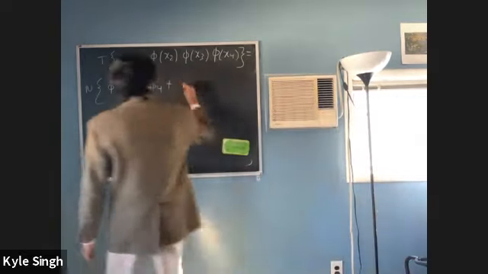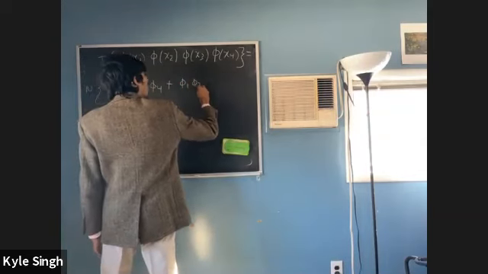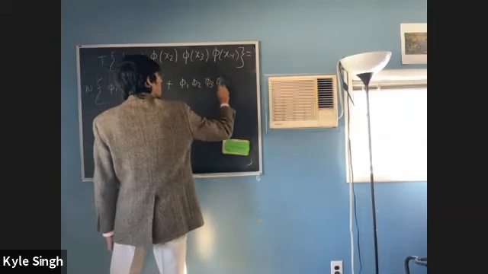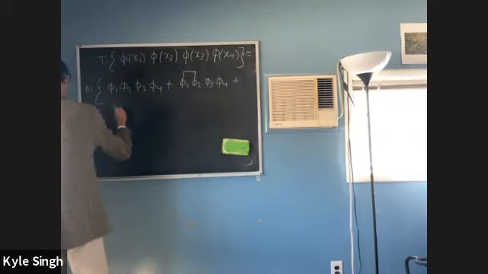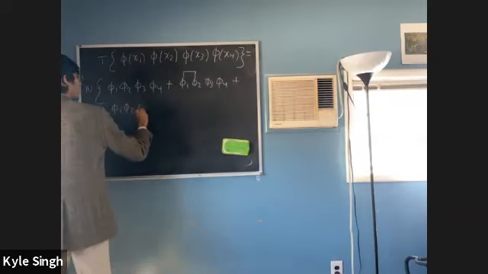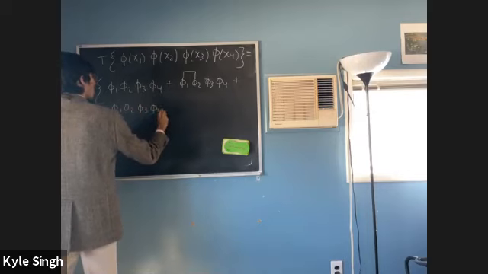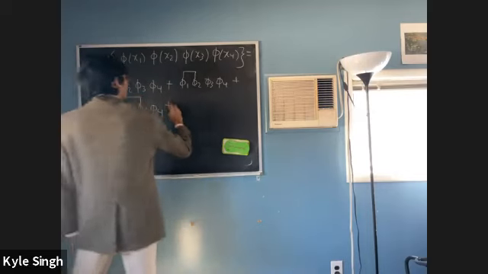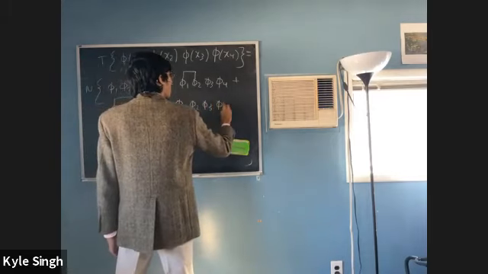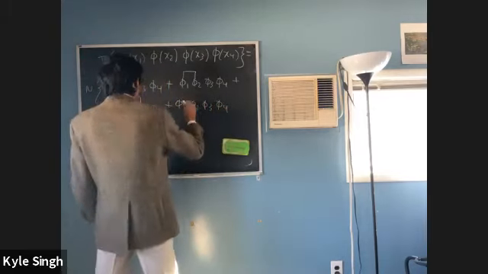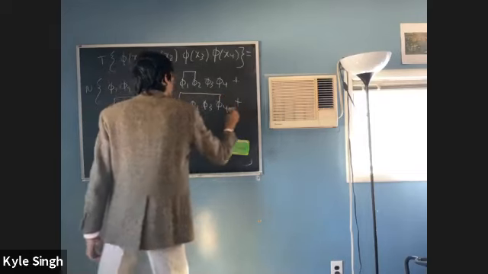So let's work that out. Phi1, Phi2. First I contract 1 with 2. Then I do 1 with 3. Then I do 1 with 4.